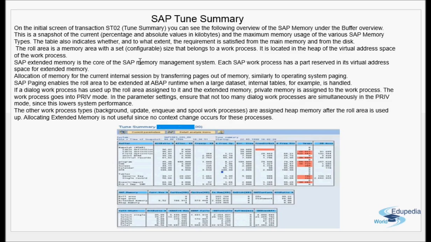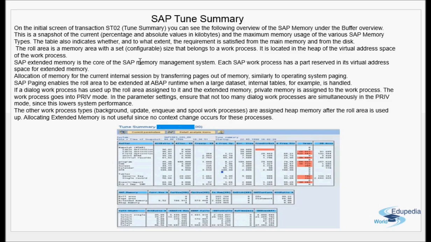Allocation of memory for the current internal session by transferring pages out of the memory is similar to operating system paging. So that's what SAP paging enables: the roll area to be extended at the ABAP runtime when a large data set, internal tables for example, is handled.